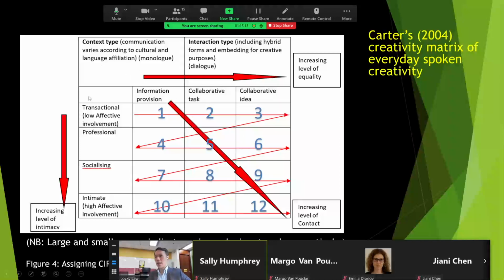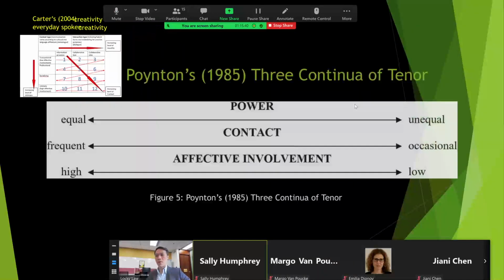So he had this matrix where, if you look horizontally, you can see context types and interaction type. If you look down, you can see the transactional, professional, socializing, and intimate. Within that, there are other more minor tasks like informal information provision, collaborative task, and collaborative idea. What I actually added in was the second one. I'll come back to this one again.